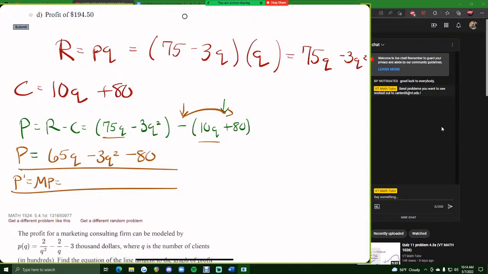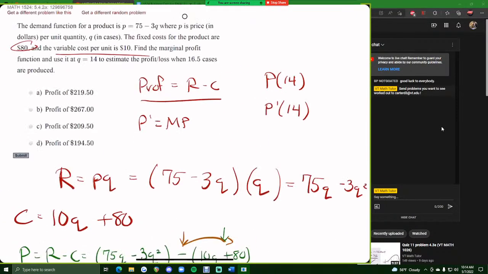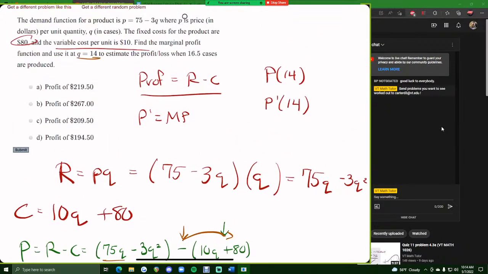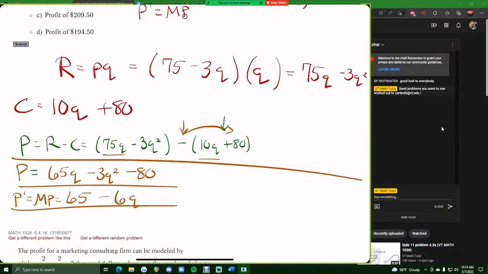Marginal profit is P prime. Derivative of 65Q is 65. Derivative of 3Q squared is 6Q, and minus 80 goes to 0. We have profit, we have marginal profit. Once again, we want to find profit and marginal profit at 14, because they tell us to use it at Q equals 14. P at 14, P prime at 14.